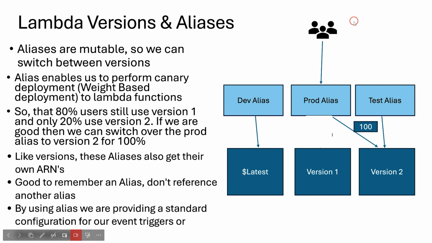I will give the prod alias ARN, that's it, and I can switch between whatever version I want based on the bugs. If version 2 has bugs, I can switch over to version 1. So like that, by using an alias, I can switch over different versions, and for the end users, we can give a standard configuration. They don't need to change anything at their end. Okay, I hope you understand the concept. We will meet in the hands-on session.